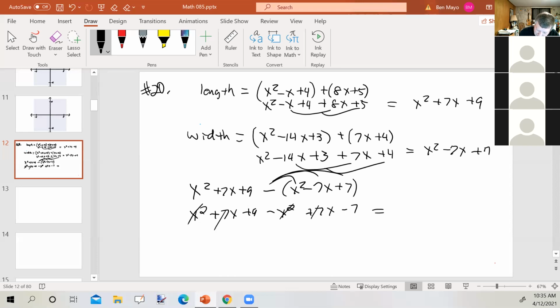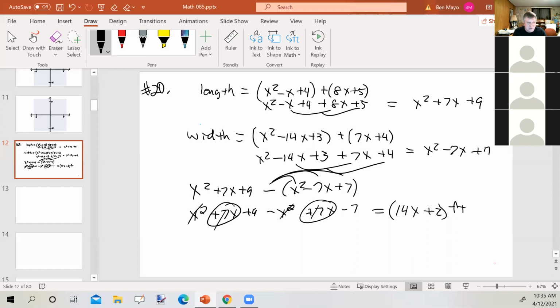Oh, no, I see what I did wrong. It's plus 7X plus 7X, so it's 14X plus 2. So that would be the difference of the length and the width. Are you okay with that, how I got that?